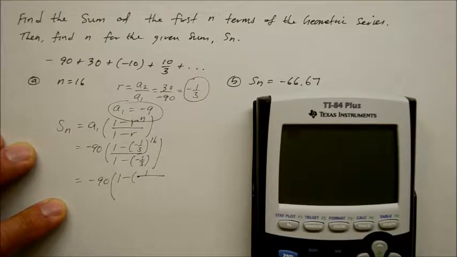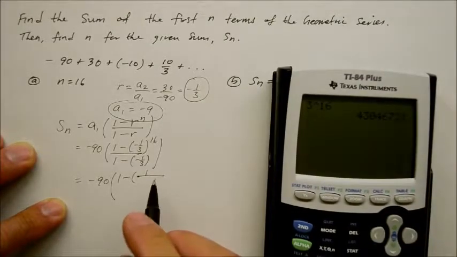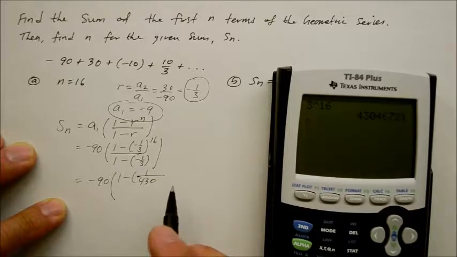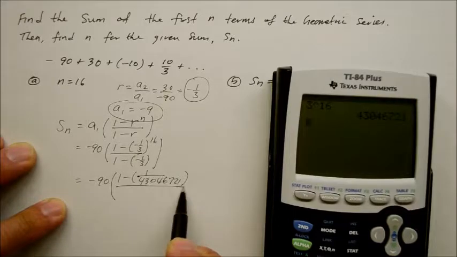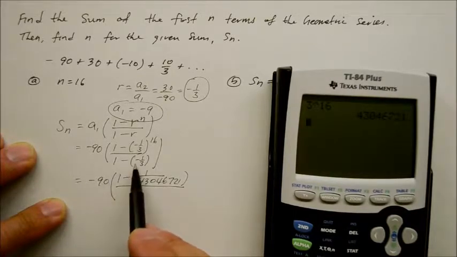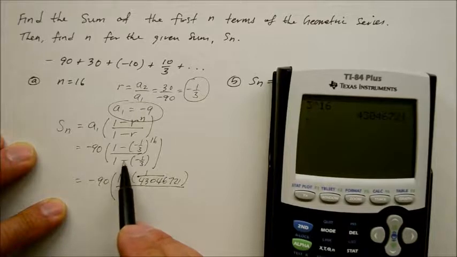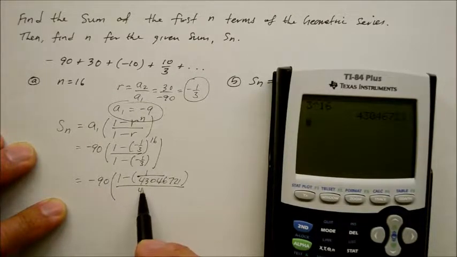We go 3 raised to the 16th power. That gives me a huge number of 43046721. All over 1 minus negative 1/3, that's like saying 3 over 3 plus 1 over 3, which is 4 over 3.